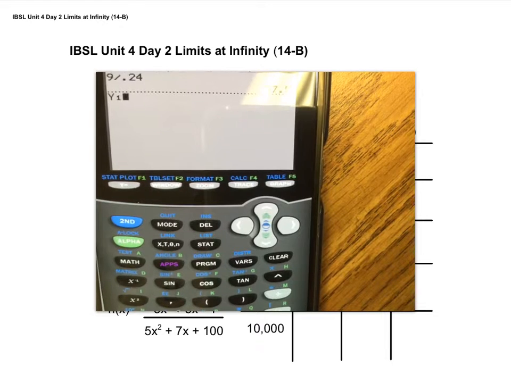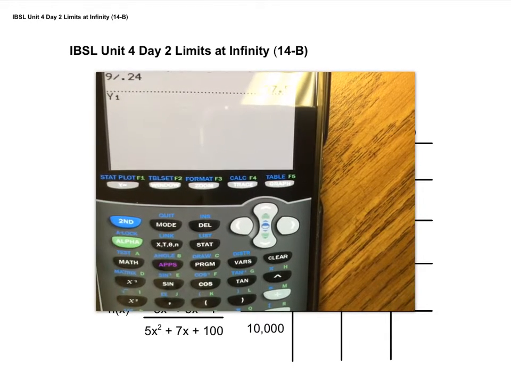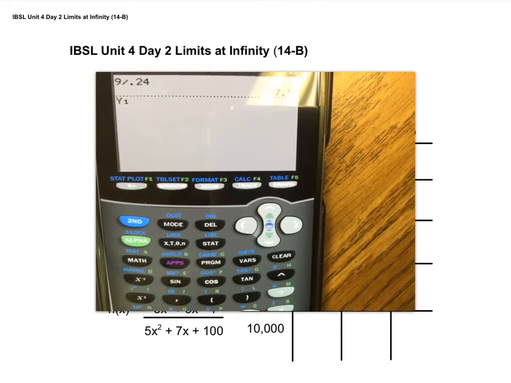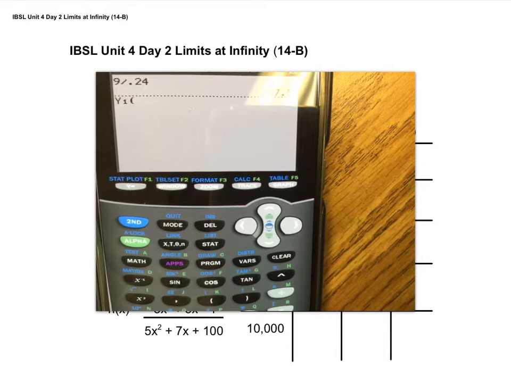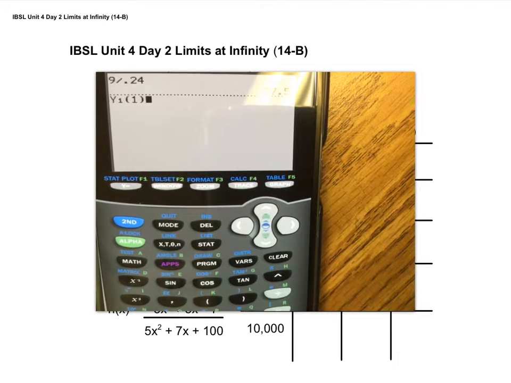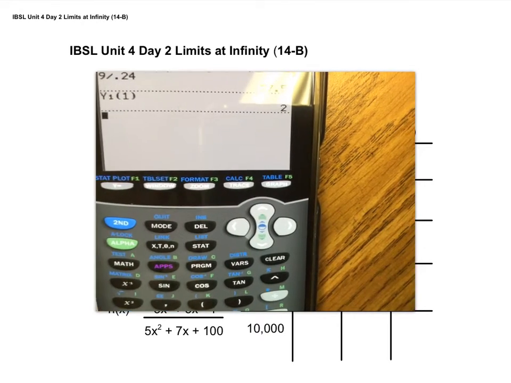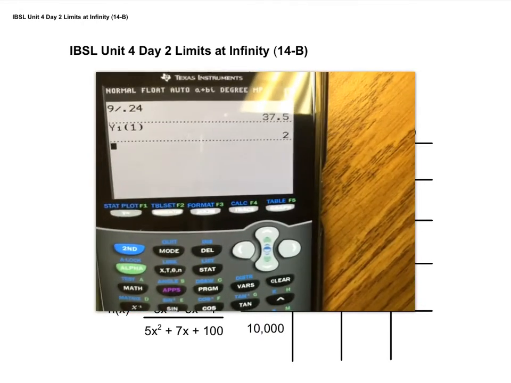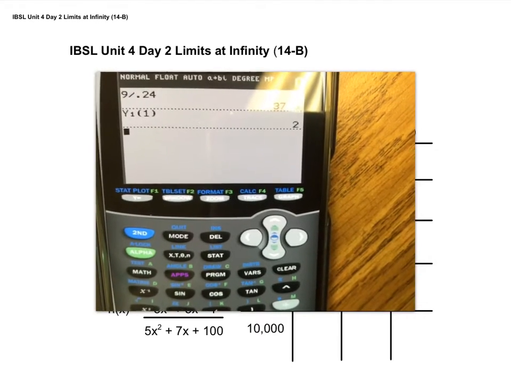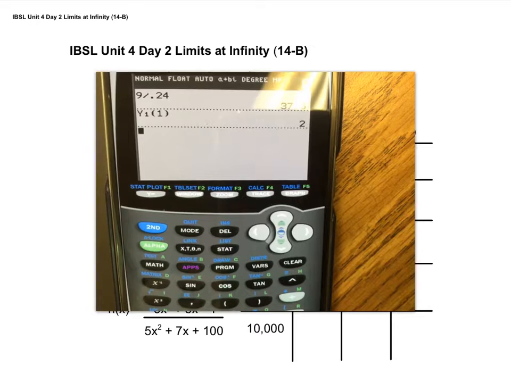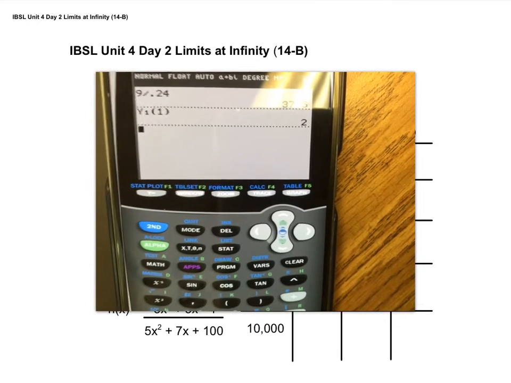You know how we write f of x, and you can put f of 3 or f of 5 or f of 10? Well, if I use the y and I put parentheses, and I believe on our table the first thing there was 1, I can hit enter, and notice it gives us the value 2. It will actually evaluate the function that you saved in y1 at x equals 1.